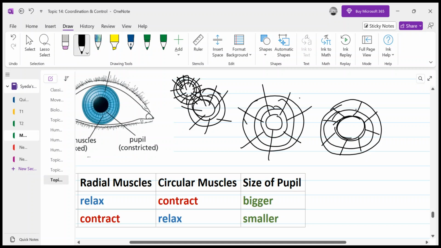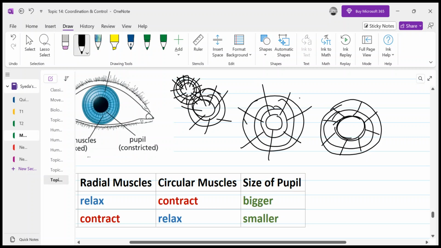And what happens in bright light? These radial muscles will slacken, they will relax, and the circular muscles antagonistically contract to make the pupil size smaller, right? So this is called the pupil reflex or iris reflex.